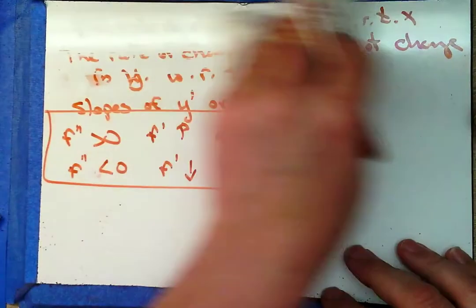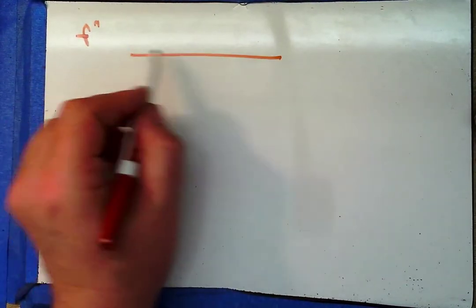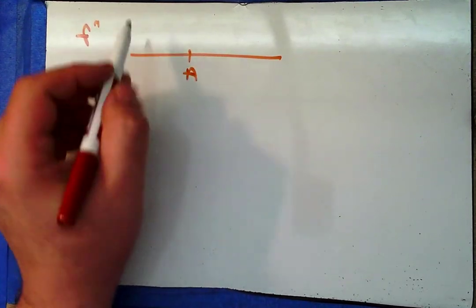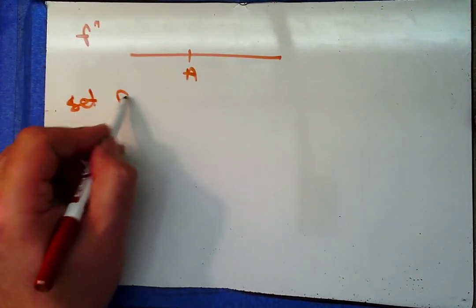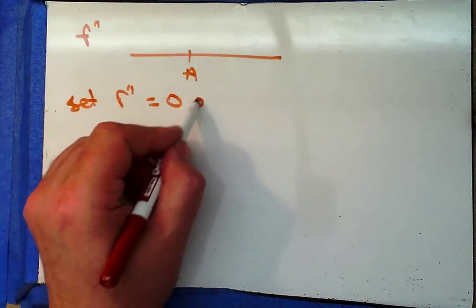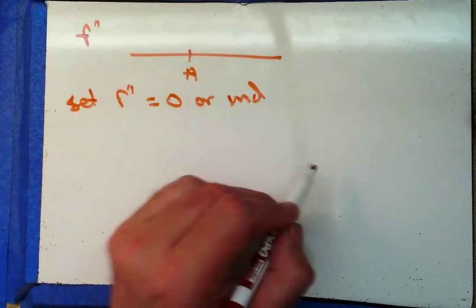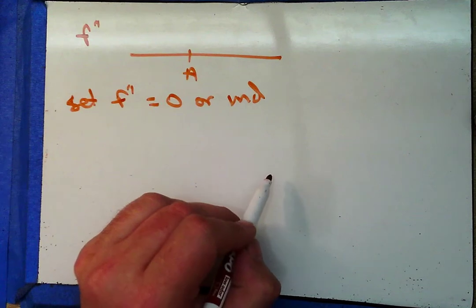Okay, so second derivative test. I have an f double prime sign chart. I've got a critical point at A. Remember, we set f double prime equal to 0 or undefined for our second derivative test.